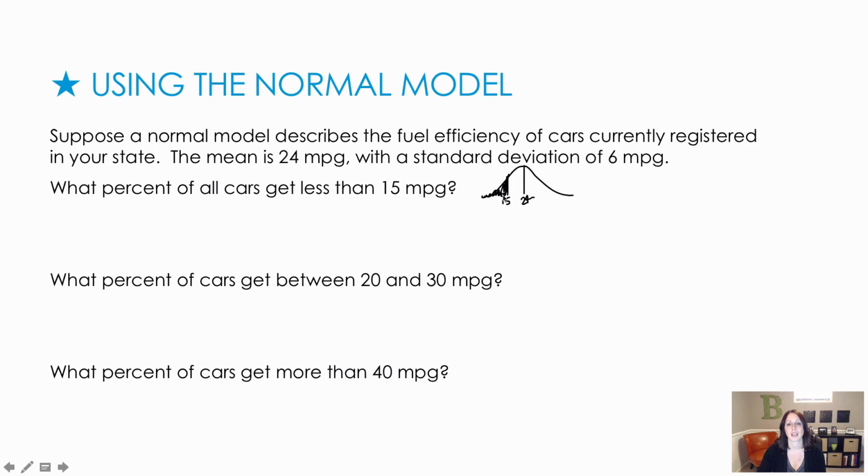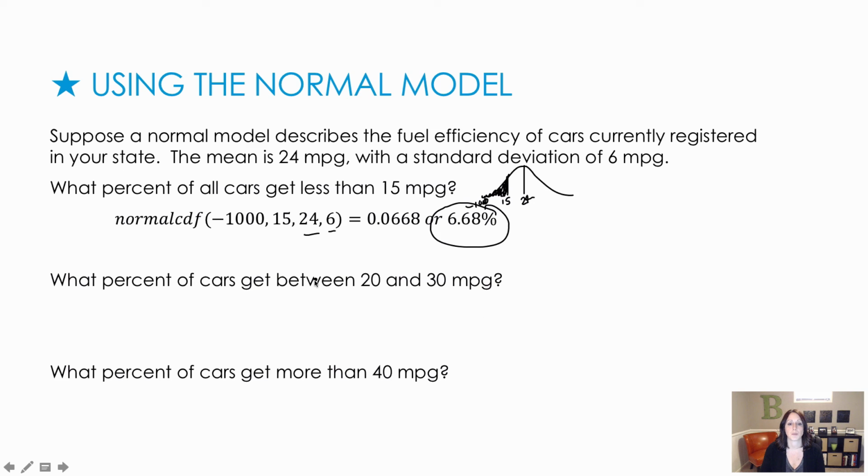So in my head I'm thinking, well, it's going to be less than 50%, obviously, because less than half is shaded. So I'm going to do my norm CDF, negative 1,000, comma 15, comma 24, comma 6, because the mean is 24 and the standard deviation is 6. Or I'm going to use StatCrunch to do the same, and I'm going to end up at 6.68%.